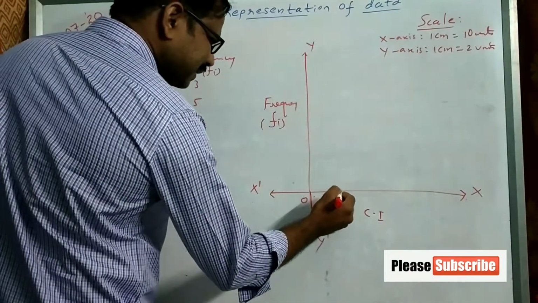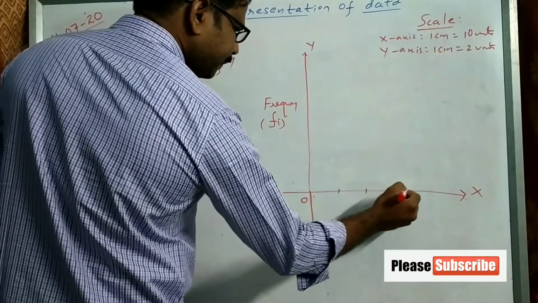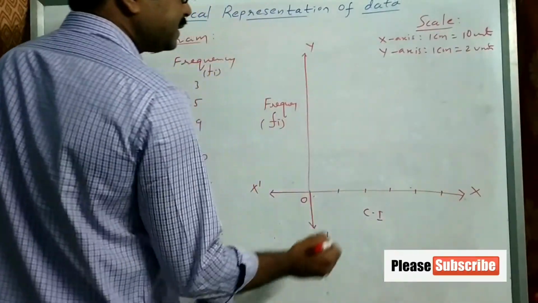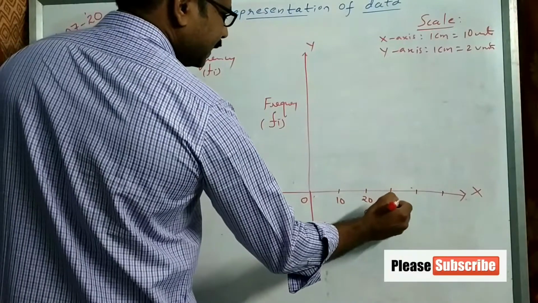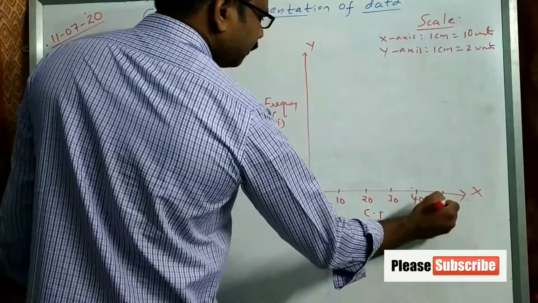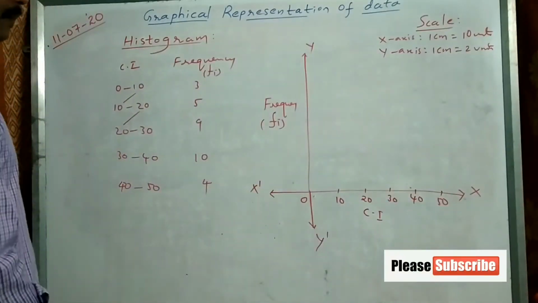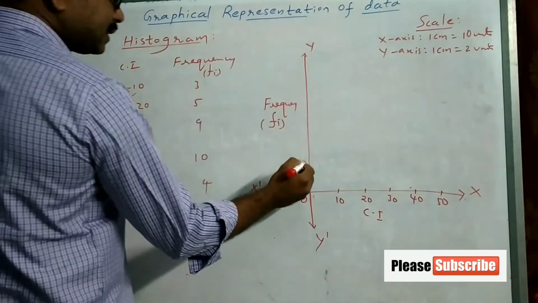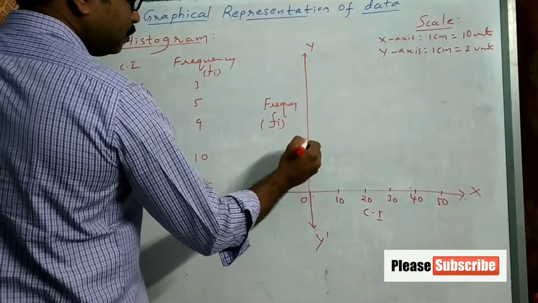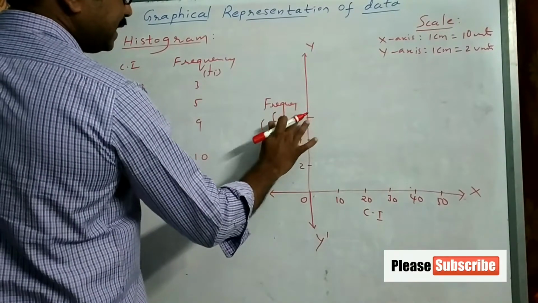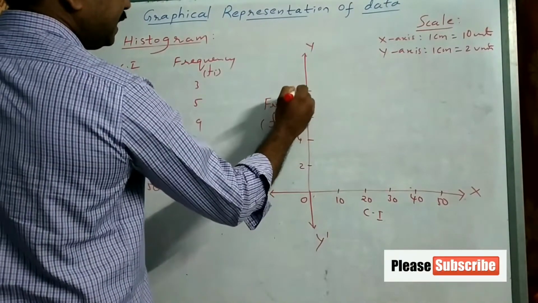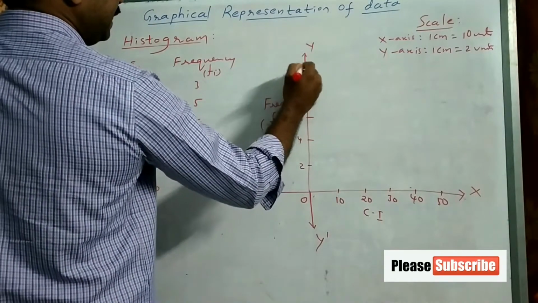On the x-axis I am taking 10 units: 10, 20, 30, 40, 50. Now on the y-axis what is our scale? 2 units. Take 2, increase 2 and write 2, 4, 6, 8, 10.